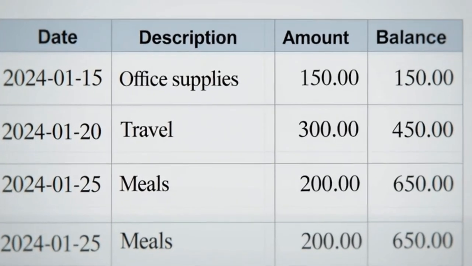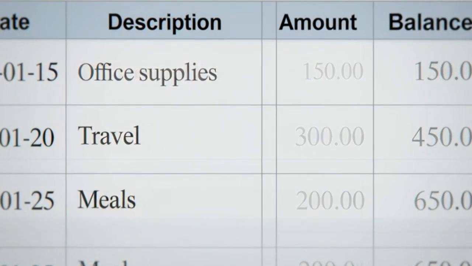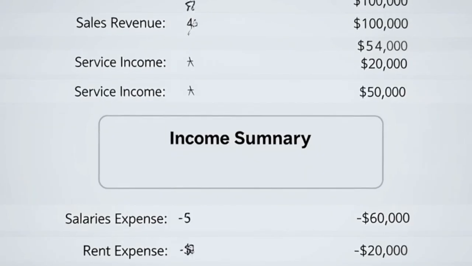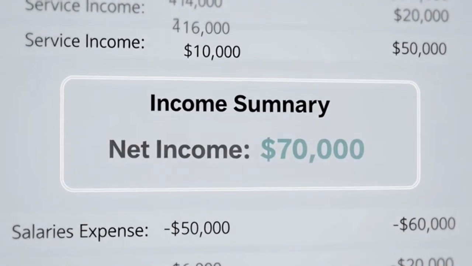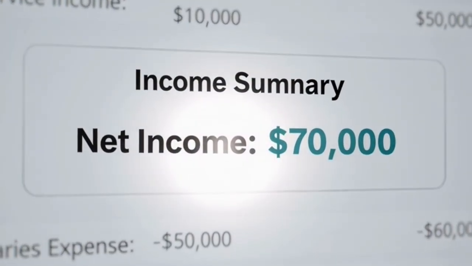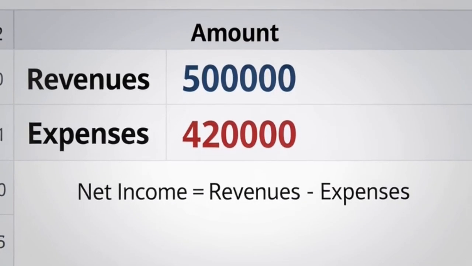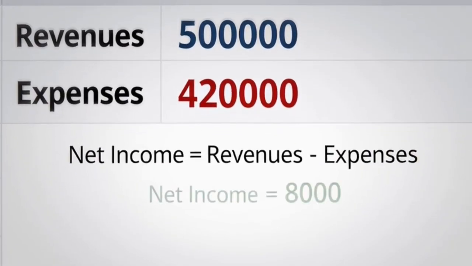After closing, expense accounts also have zero balances. The income summary account collects revenues and expenses to calculate net income. The difference between revenues and expenses determines net income or loss.